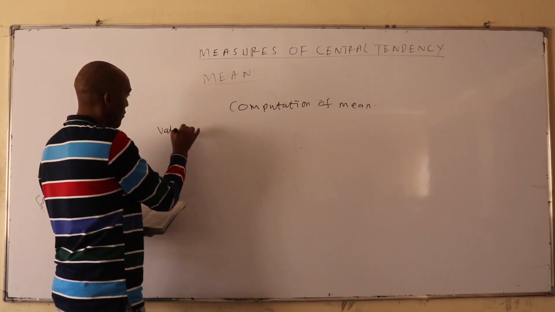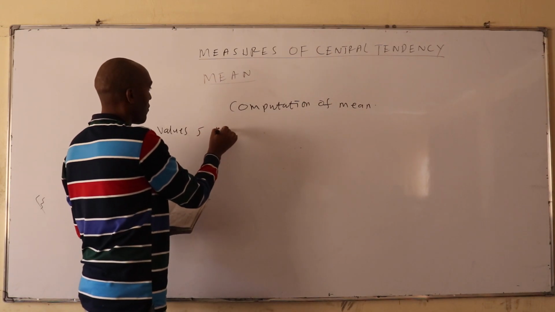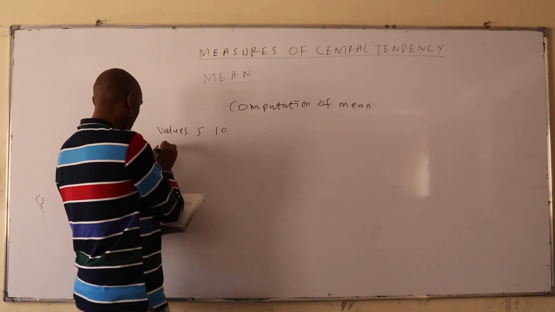So values 5, 10, and the other one is frequency.